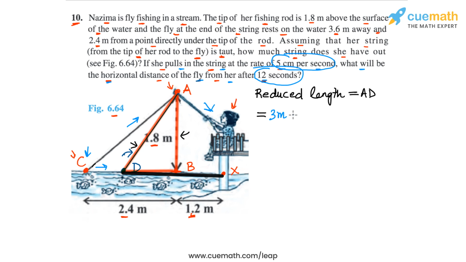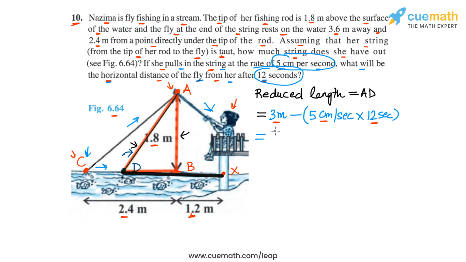So the reduction in the length of the string that is out will be 5 centimeters per second into 12 seconds. So from the original length of the string which is out, you subtract this reduction in length, and that will give you the reduced length.